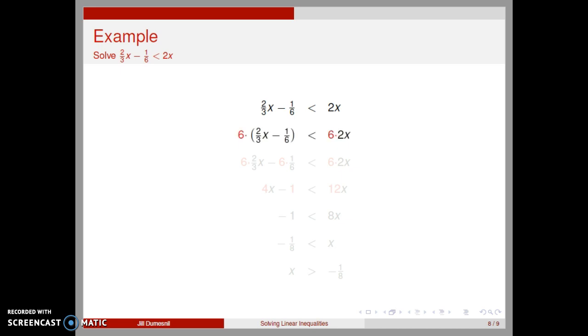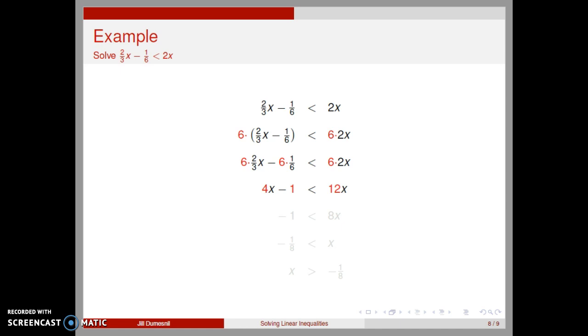The least common denominator for all the fractions in the problem is 6, so if we multiply by 6 on both sides, we should clear out the fractions. After we distribute 6 on the left-hand side of the inequality, we get that 4x minus 1 is less than 12x. Notice that the fractions have been eliminated, which was our desire.